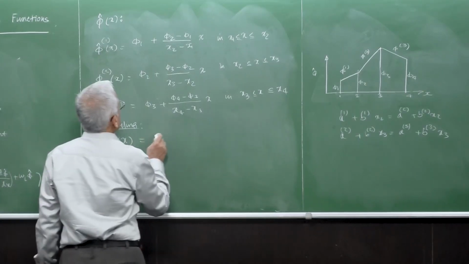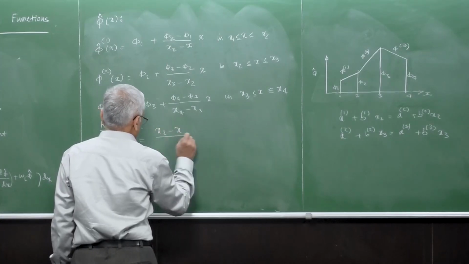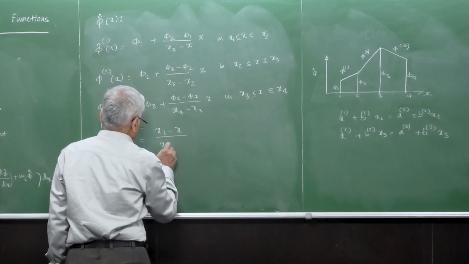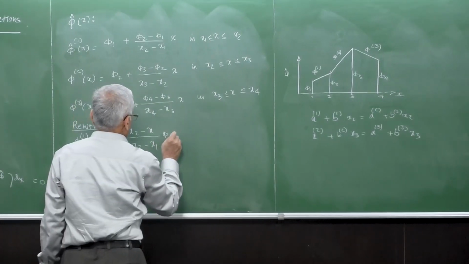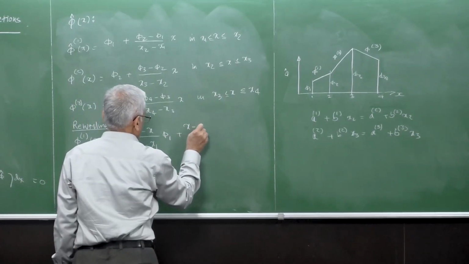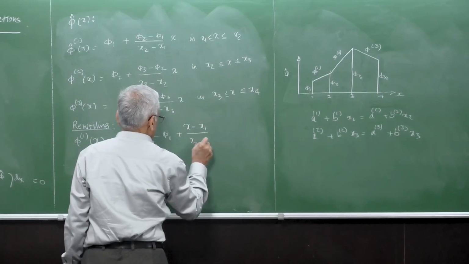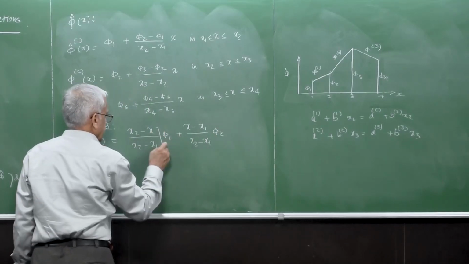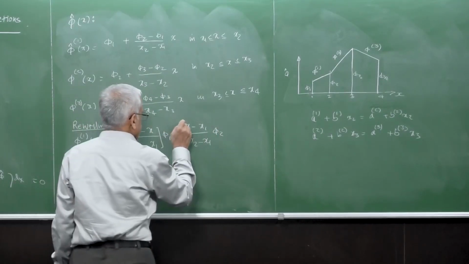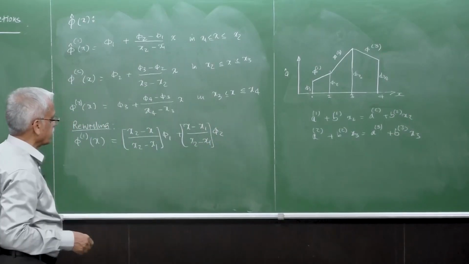So here we'll write it as, look at this one. Just recollecting those things. So that means that here these things are collected at one place, multiplying with phi1, phi2, right?